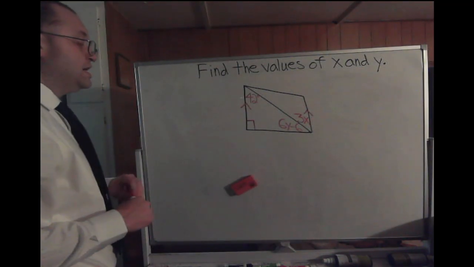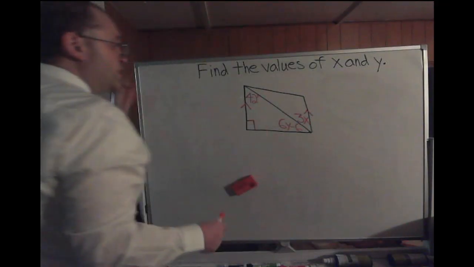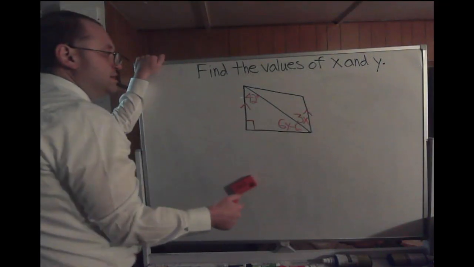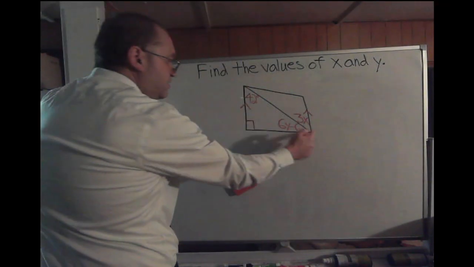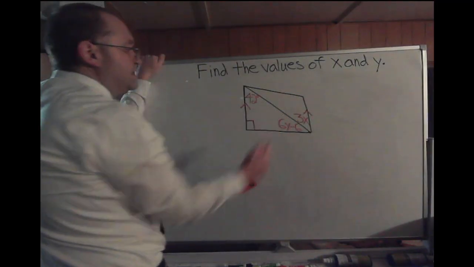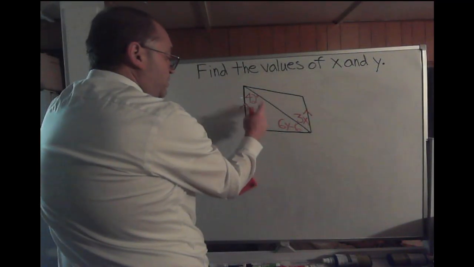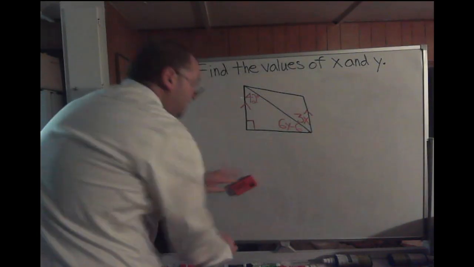Well, let's start with the 3x. So, we have two parallel lines. Then we have a transversal that intersects those lines, this middle piece, right? The middle piece intersects them. Well, according to this then, 42 and 3x are alternating interior angles.